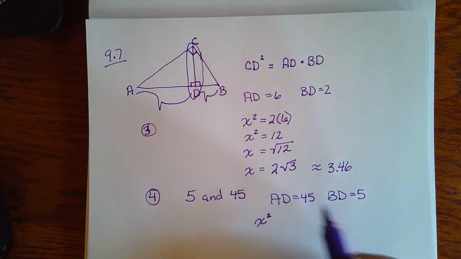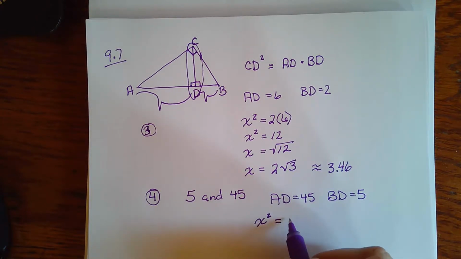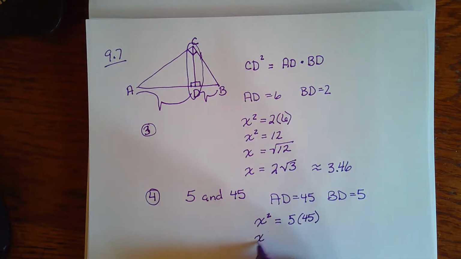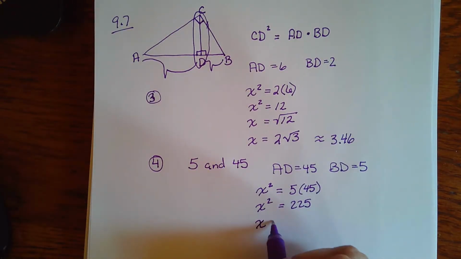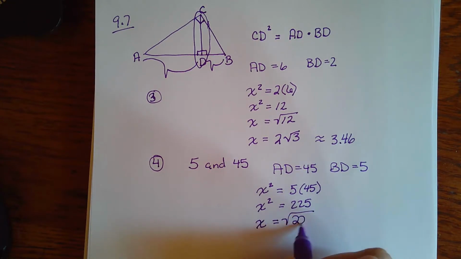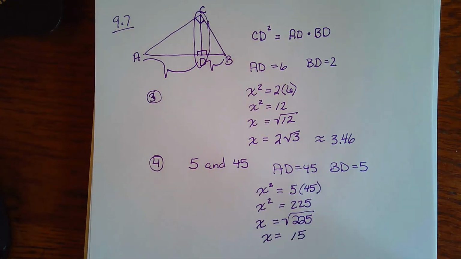So x squared equals 5 times 45. So x squared equals 225. And this one turns out to be really nice because when you square root 225, x is going to come out equaling 15. So your altitude is going to be 15. Now remember, CD stands for your altitude.